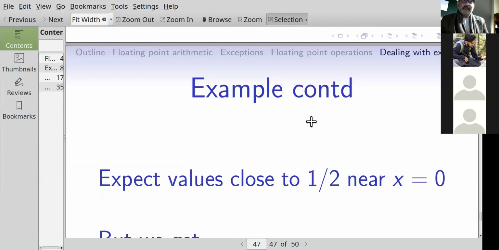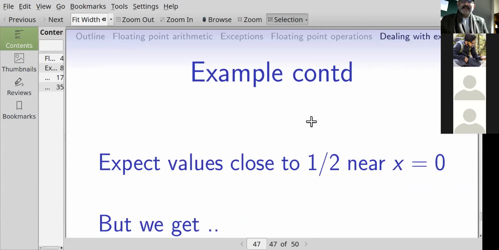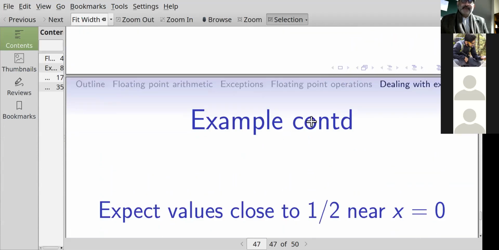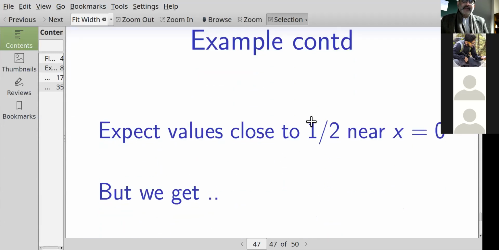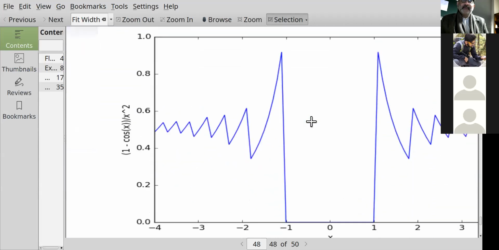And in the limit as x goes to 0, I would expect to get numbers very close to 1/2. What do we actually get? Okay. I hope you can see this. What do we actually get?